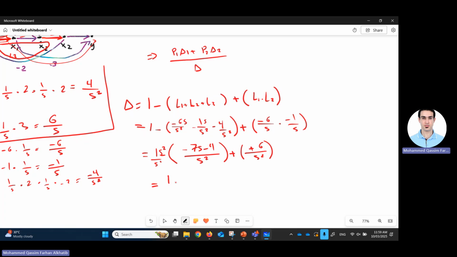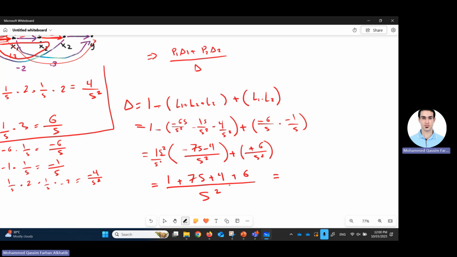So I will have 1 minus, that's going to be positive, plus 4 plus 6 over s squared.